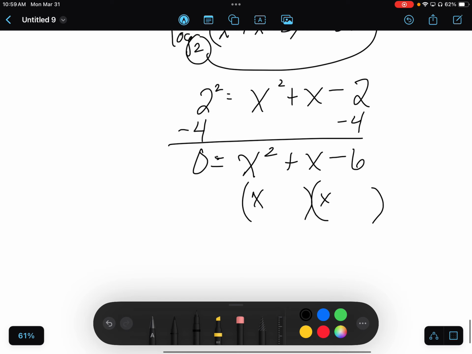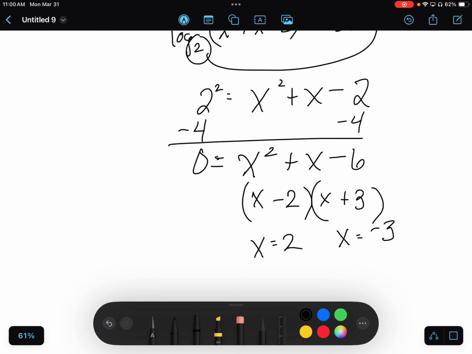What times what gives me -6 but adds to be 1? -2 and plus 3. And if I set them each equal to 0, I would get 2 and I would get -3. And looking at that, I have an issue. On the first one, 2 plus 2 is 4, I'm okay. 2 minus 1 is 1, I'm okay. -3 plus 2 is a -1.